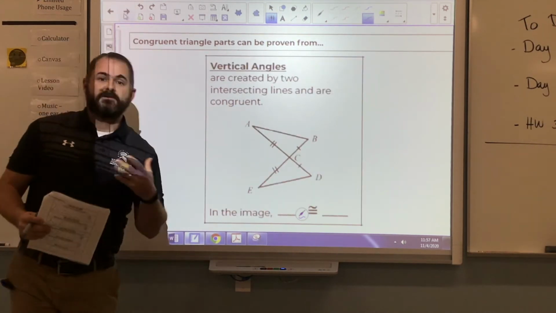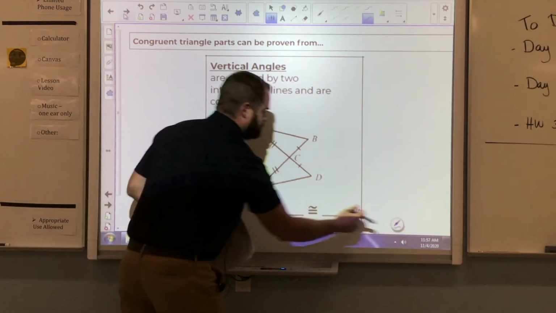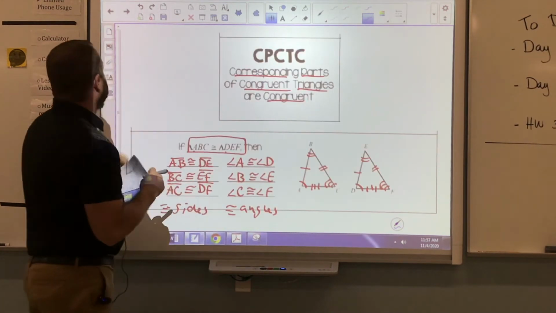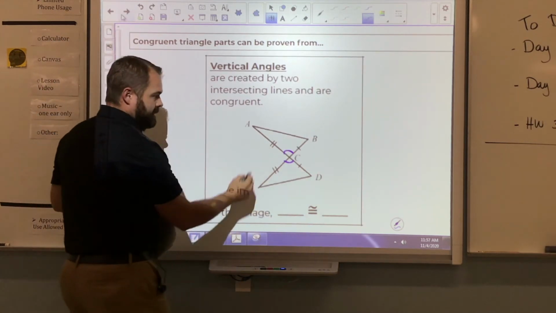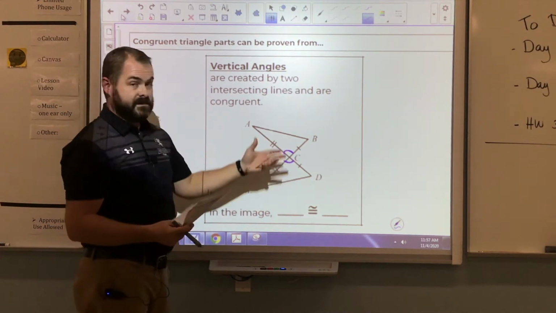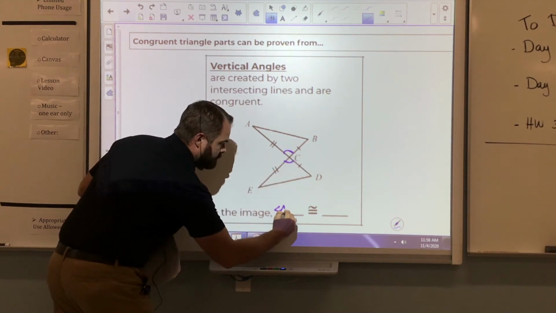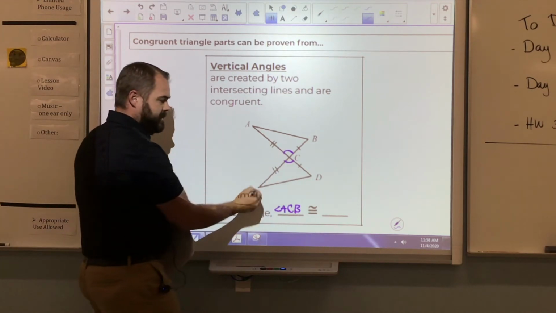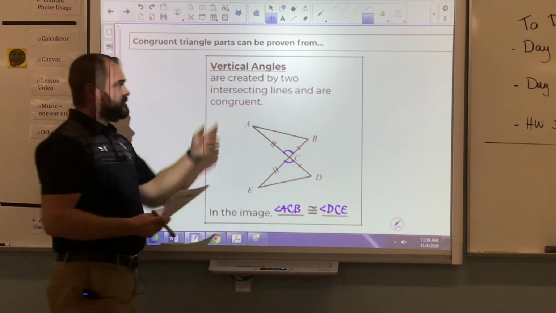We can also establish congruent angles that are vertical angles. So in a picture like this, we have vertical angles here and here. So I could say that angle C, which I can't really call angle C because there's more than one angle at C, so I'm going to call this top angle ACB, is congruent to angle DCE because they're vertical angles.